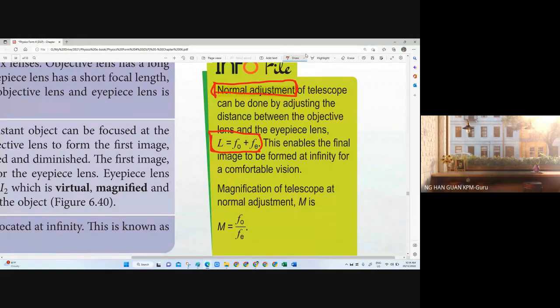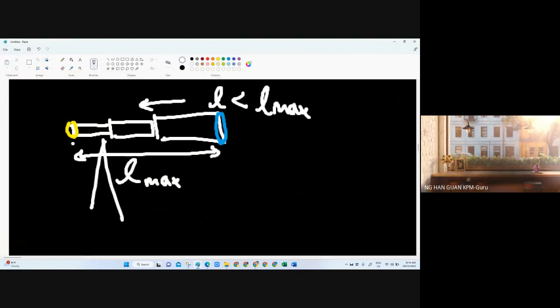Normal adjustment for the telescope: adjust the distance between the objective lens and eyepiece lens to equal FO plus FE. So when we pull the telescope until the max, this max is the moment the length equals FO plus FE.